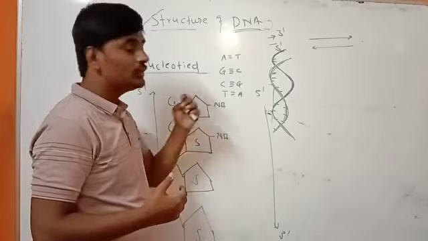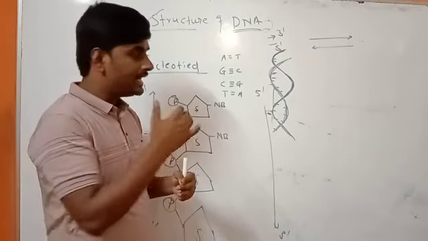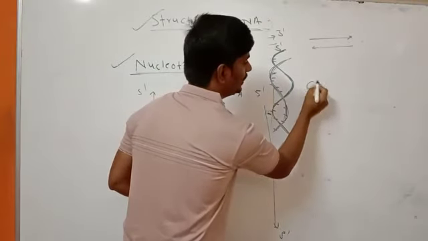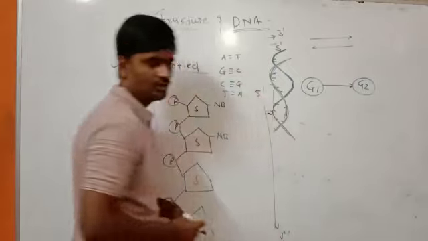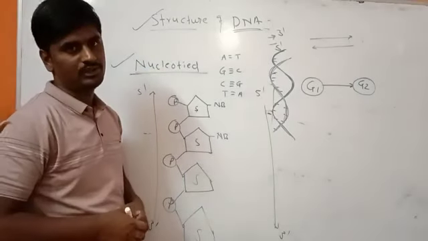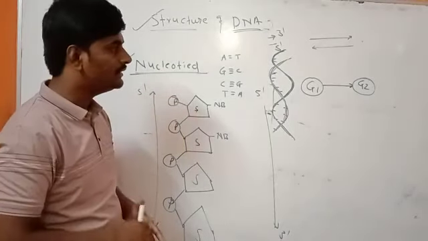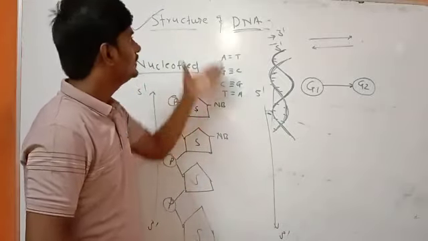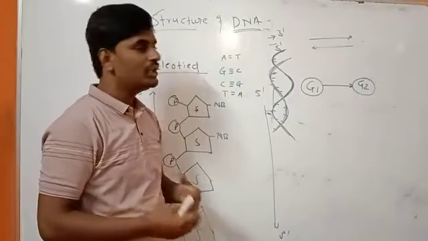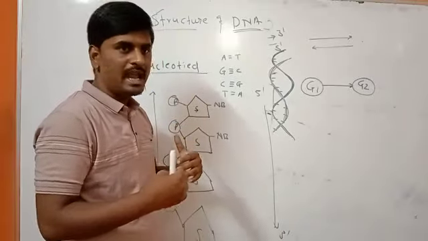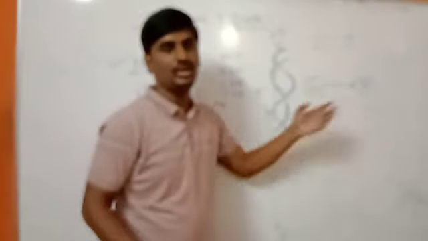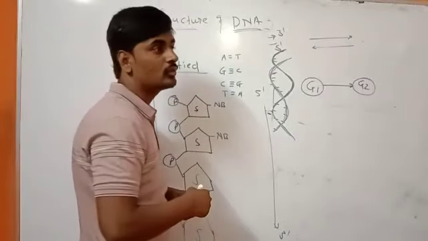What is meant by heredity? Heredity is the transmission of genetic information from one generation to another. Why does inheritance happen? It happens because DNA can store information and carry it from one generation to another in the form of chromosomes.